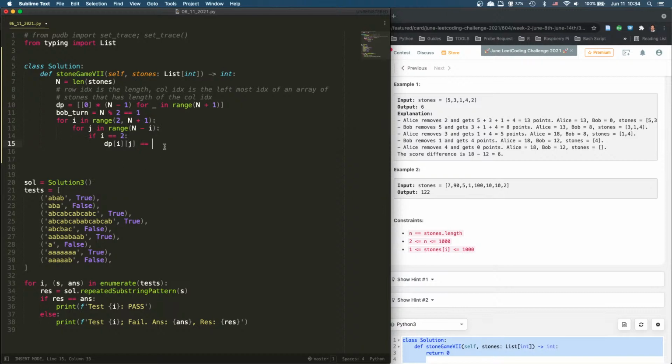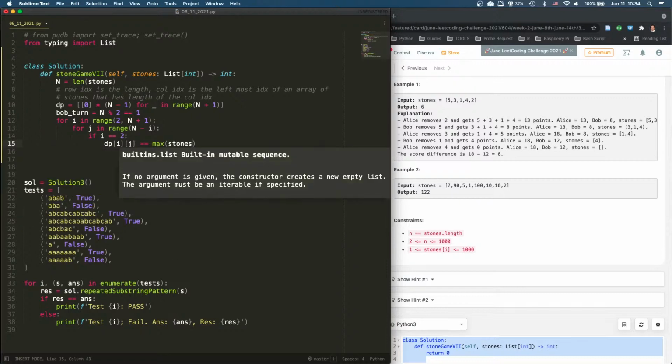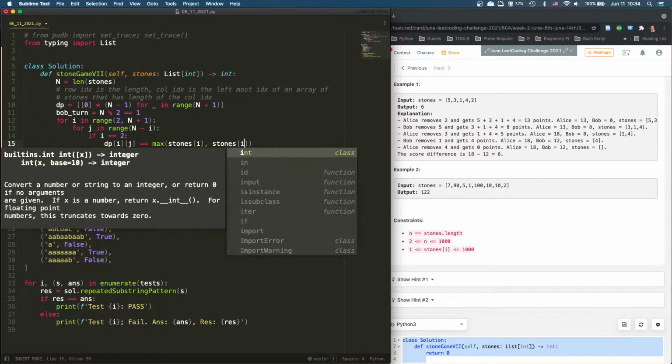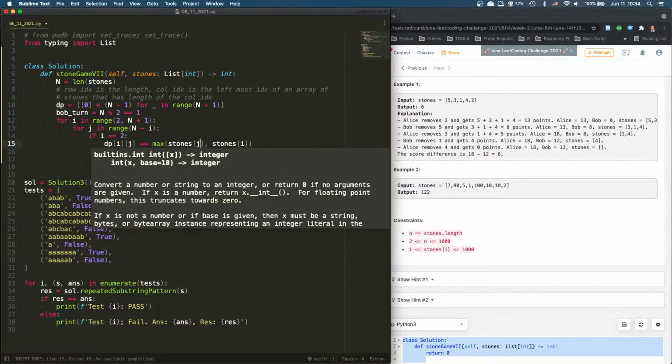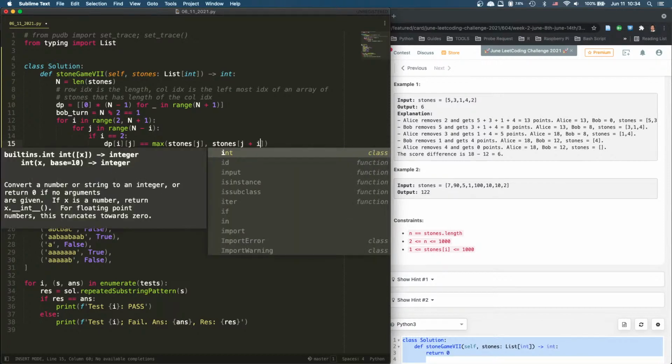And then this is going to equal, if Bob is on the last turn, then the result is going to be the maximum of stones[i] and stones[j plus i].